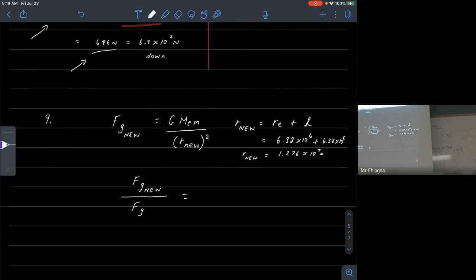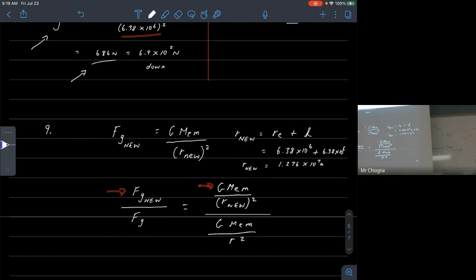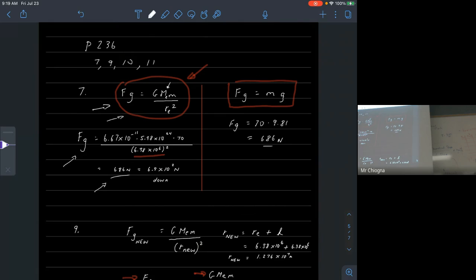That's FG new. And FG is just what I wrote down earlier here in number 7.